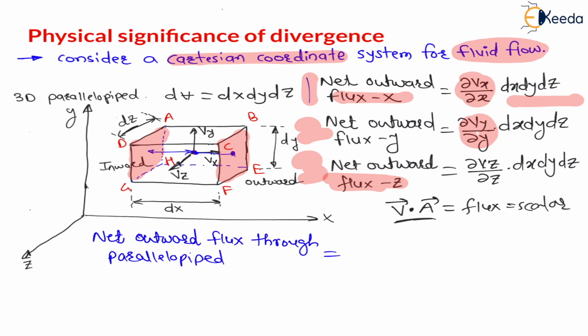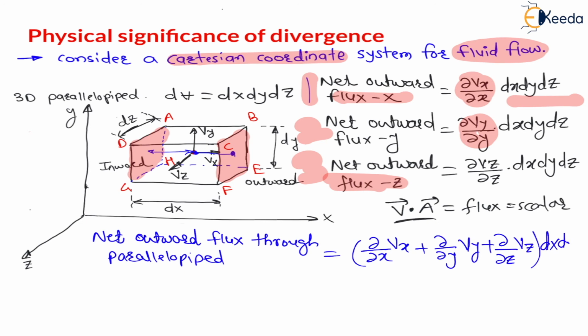In all these three, the volume dx dy dz is common. So let us take this common. Therefore, it will become ∂vx/∂x plus ∂vy/∂y plus ∂vz/∂z into volume, that is dx dy dz.